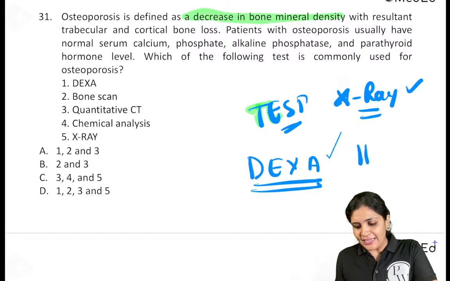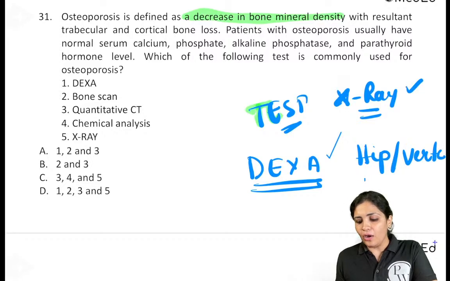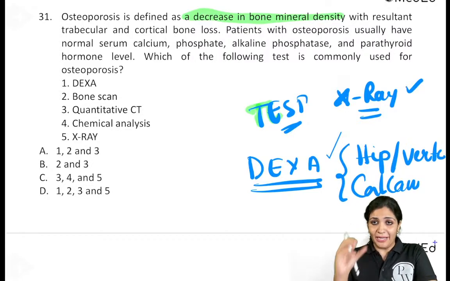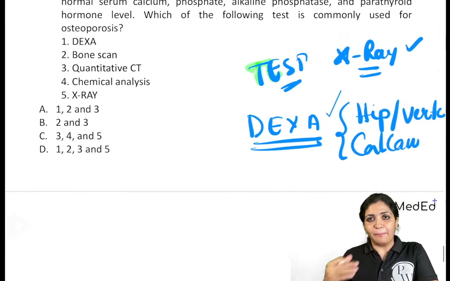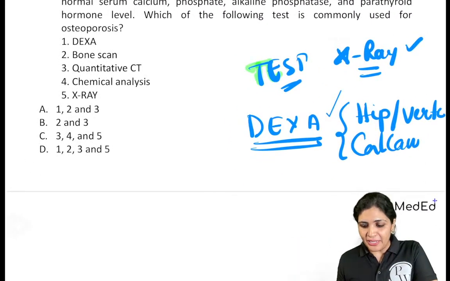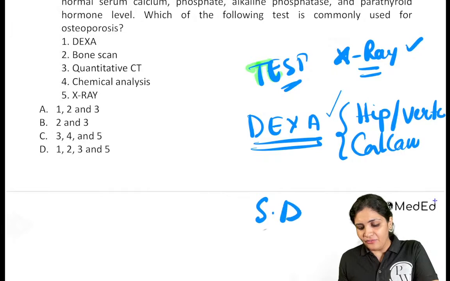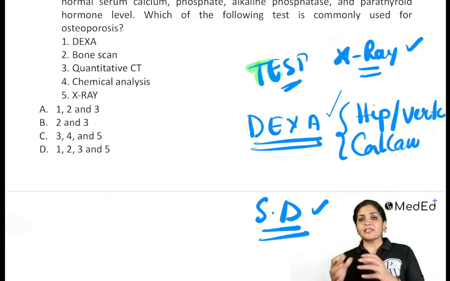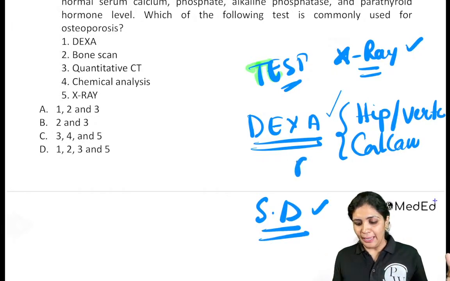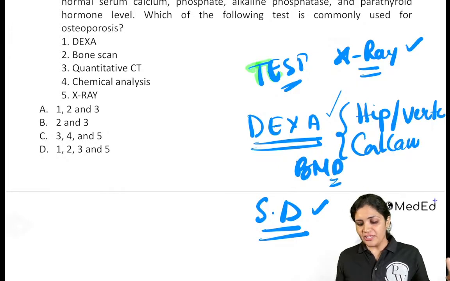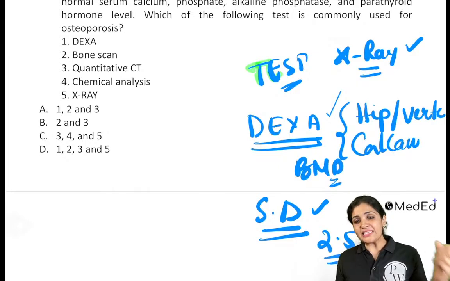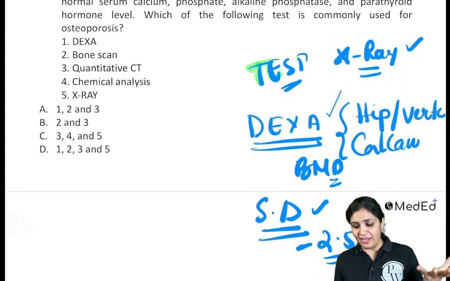Here the DEXA is done at the hip, the vertebrae, or the calcaneum, where you find the bone mass. This bone mass is compared to the normal population, and then you give standard deviation scores. Whenever this BMD score is minus 2.5 standard deviations, that is supposed to be osteoporosis.